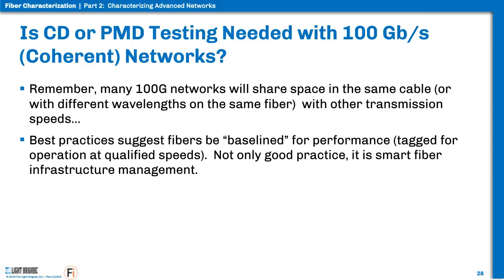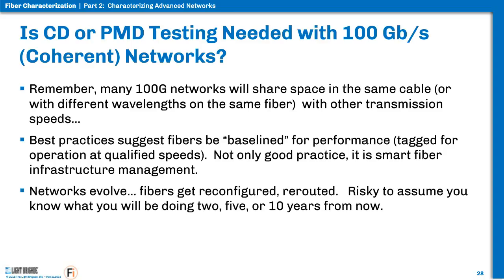People change what they're planning to do, people purchase fiber, sell fiber, trade fiber, lease fiber, and they move their infrastructure around. So having a good baseline of the fiber performance across the board is just good common sense management practice.